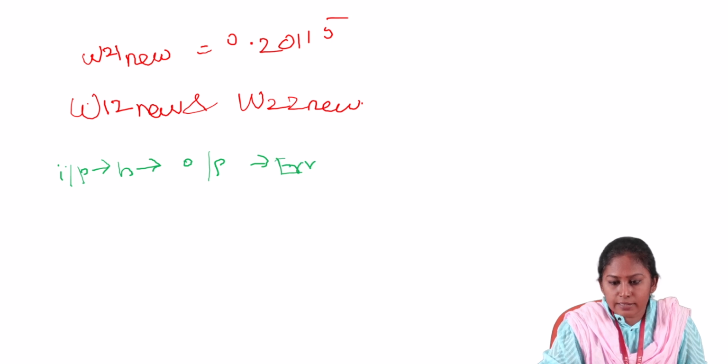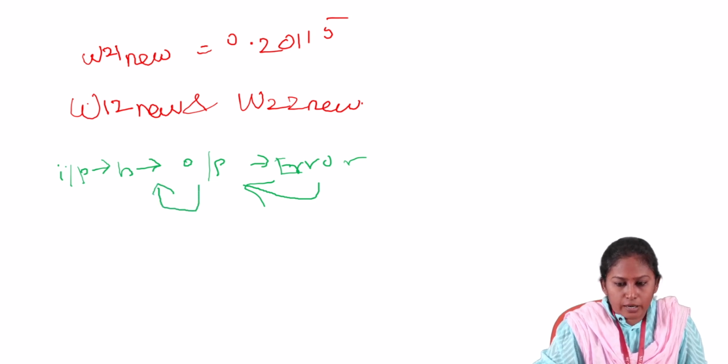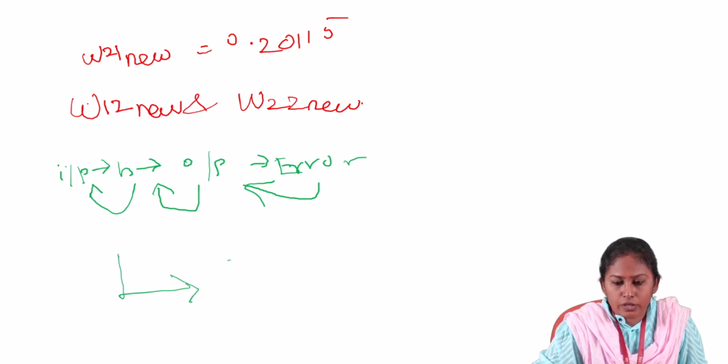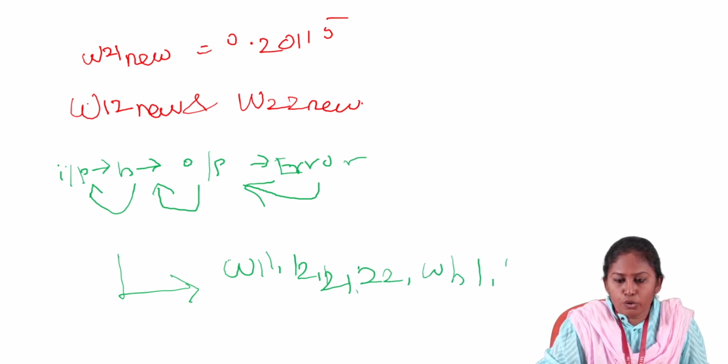As there is a deviation, I moved from the error to the output layer, then to the hidden layer, and then to the input layer. In the meantime, I was updating the weights W11, 12, 21, 22, then WH1, WH2.